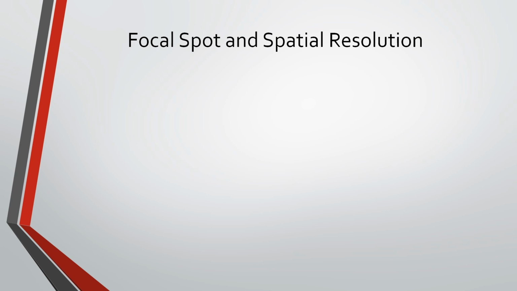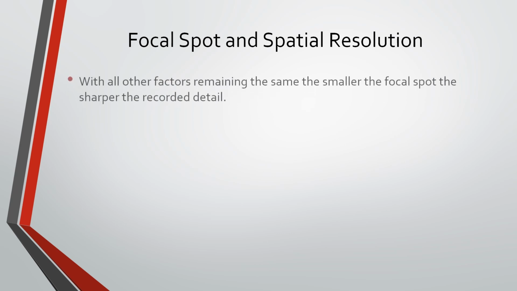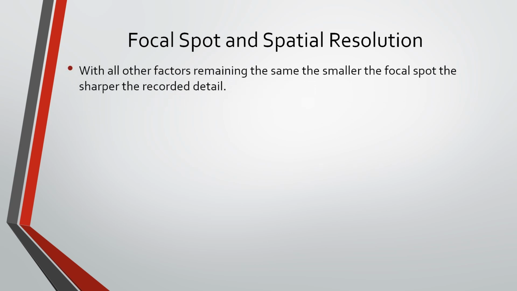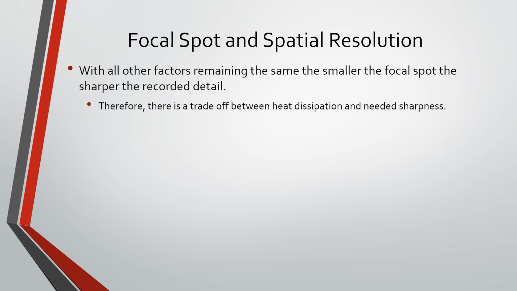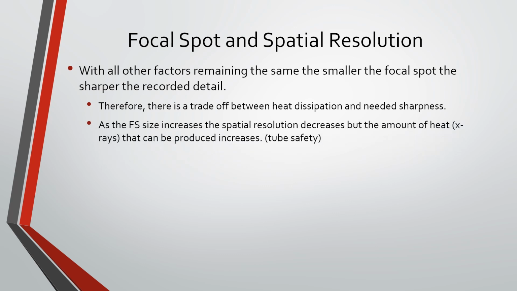Now let's talk about focal spot size and spatial resolution. With all other factors remaining the same, the smaller the focal spot size, the sharper the recorded detail, as we learned before. Therefore, there's a trade-off between heat dissipation and the needed sharpness of the image. As the focal spot size increases, the spatial resolution decreases.